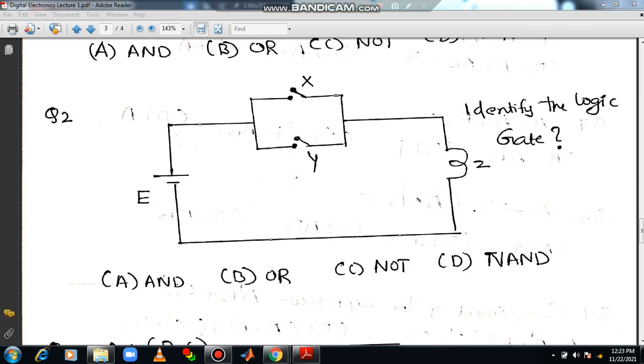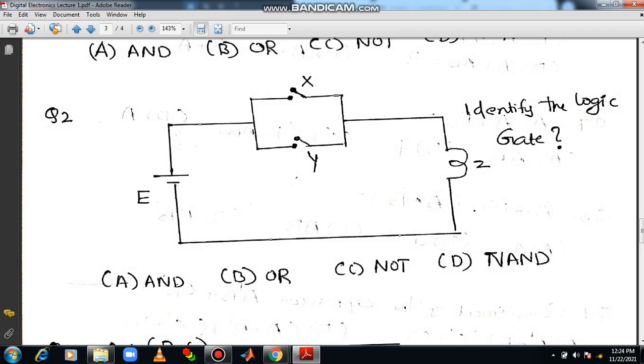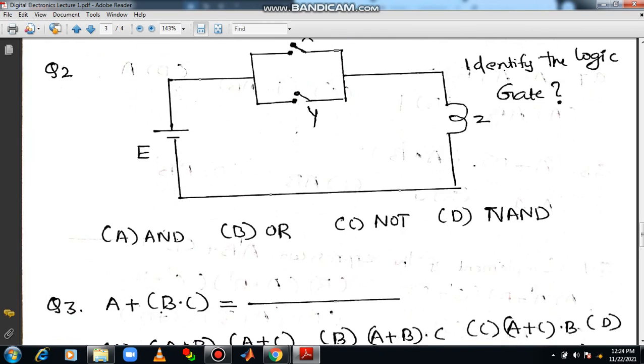The output will be z is equal to x plus y, that means x or y. Suppose x is on and y is off, will you be getting the output? Yes, you will be getting the output. And the opposite, if y is on and x is off, will you be getting the output? Yes. So definitely it follows the OR gate. Okay, so please select option B. Option B is the correct answer.